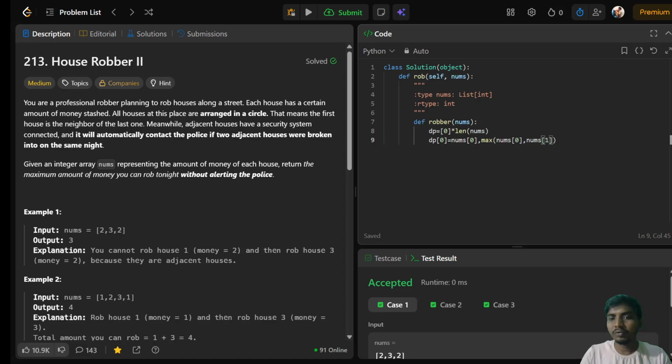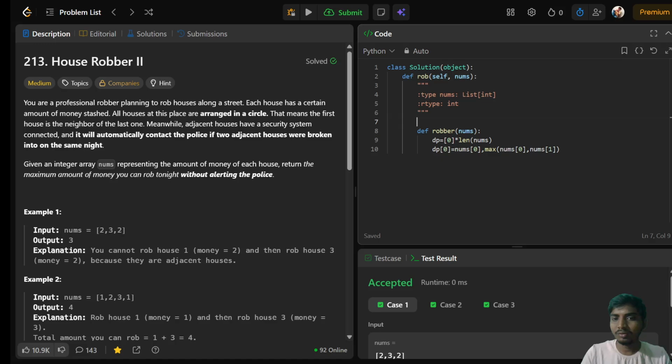We need to be careful that the nums array contains at least two values before doing this. For that, if there is only one house, if the house length is less than or equal to 2.